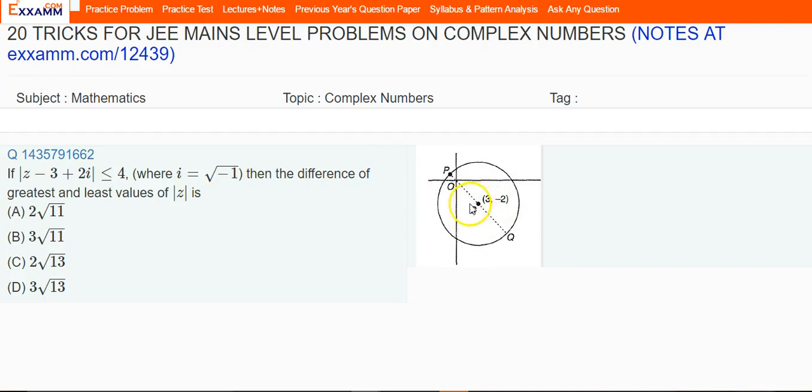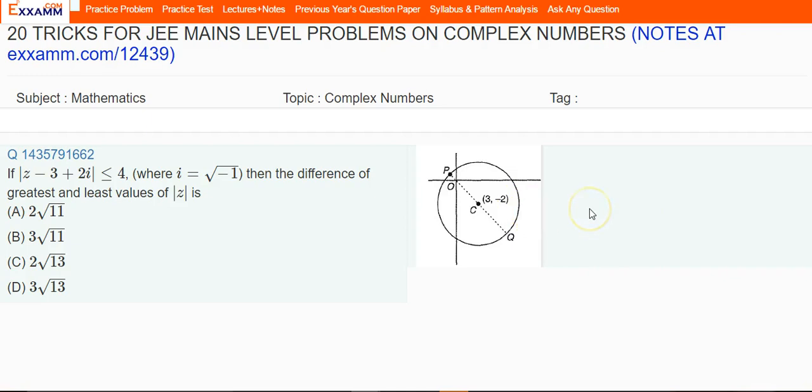Now in this case, what is the value of OQ? OQ is nothing but OC plus radius, and this distance is nothing but radius minus OC. And what is OC? It is root of 11. And what is the radius? 9 plus 4 is 13.